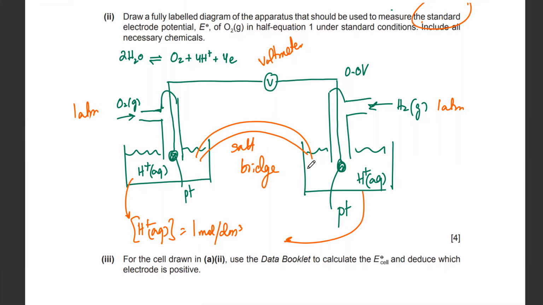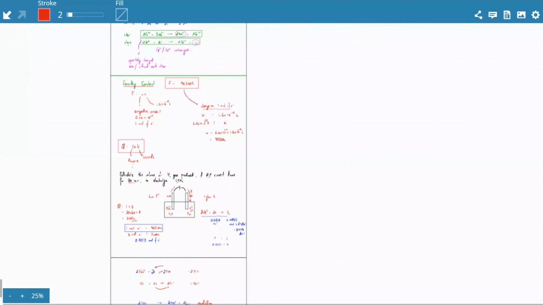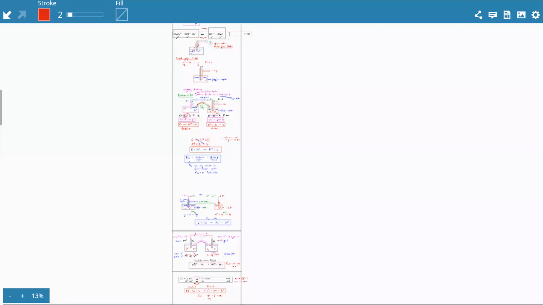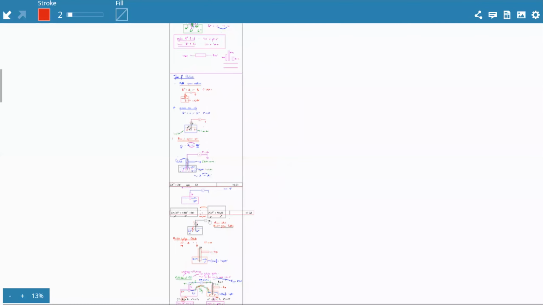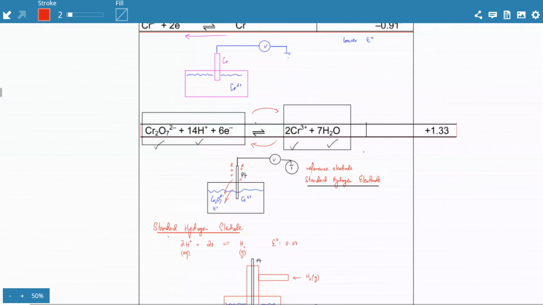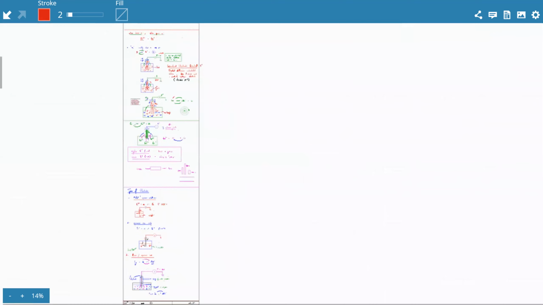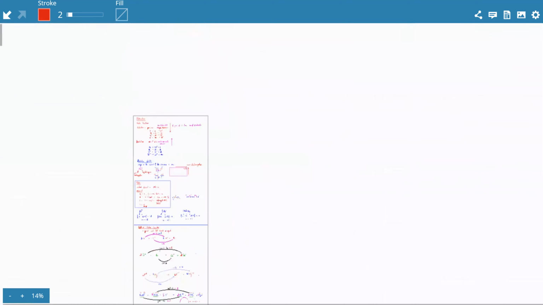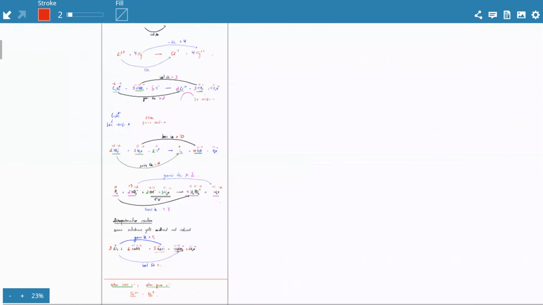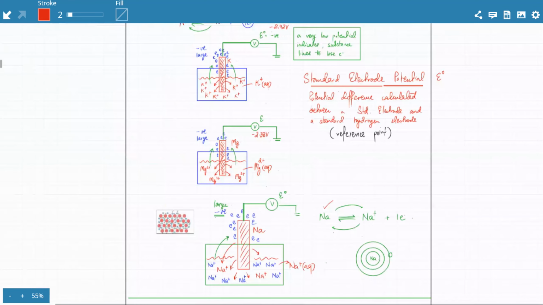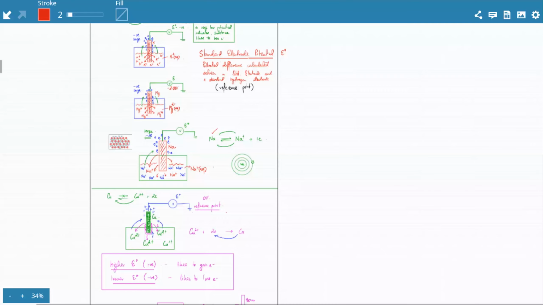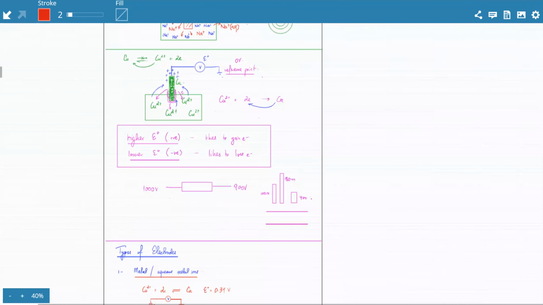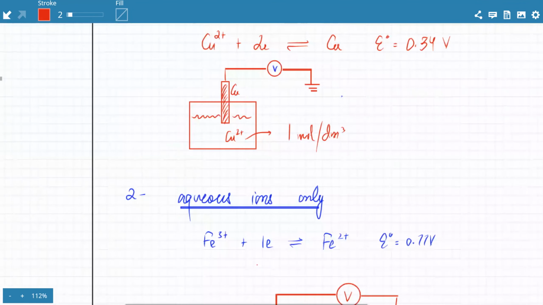Remember, there were 3 types of electrodes. The first type is a metal and aqueous ions.